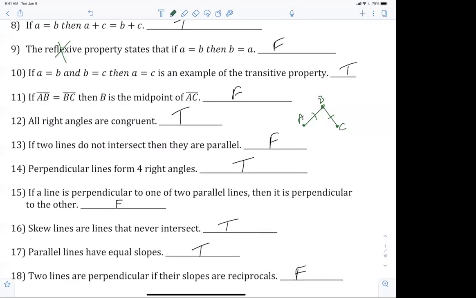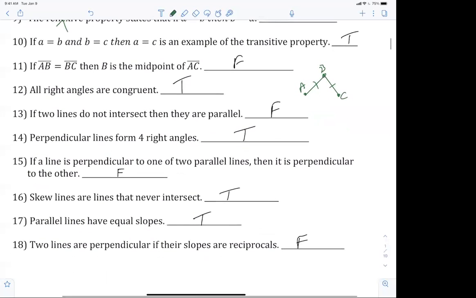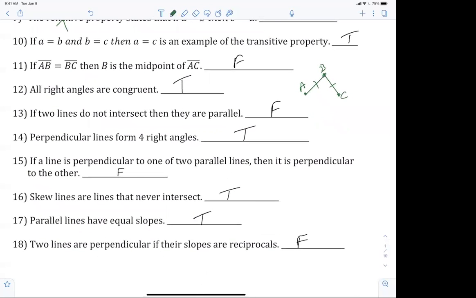On 13. If 2 lines do not intersect, they are parallel. That's most definitely false. But don't lines keep going? What does skew mean to you? Skew are 2 lines that don't intersect.